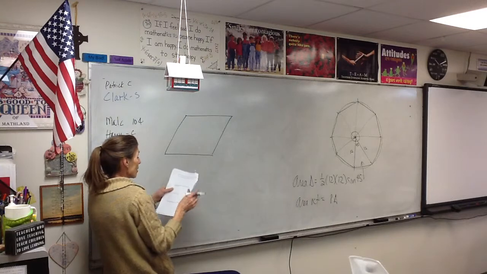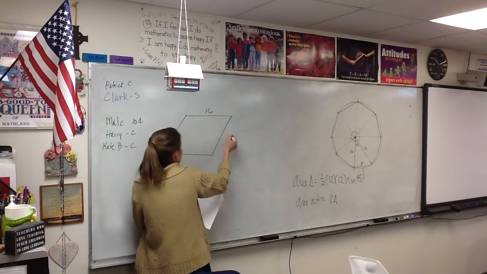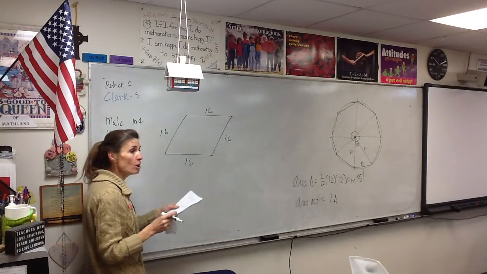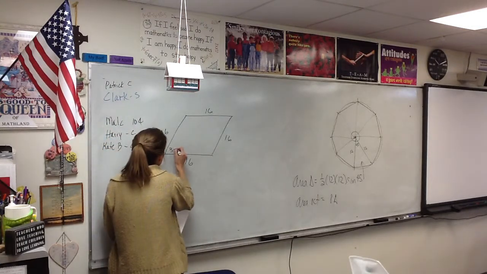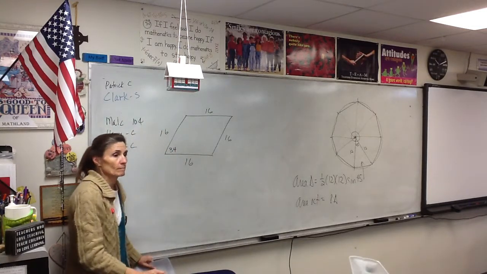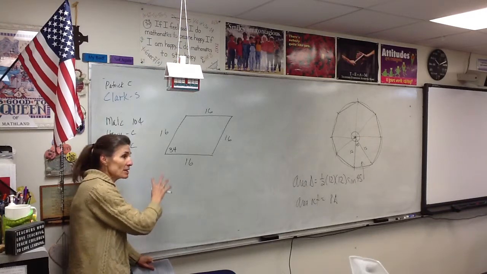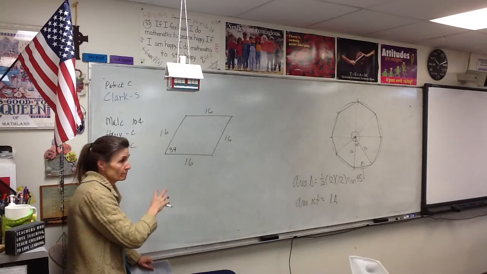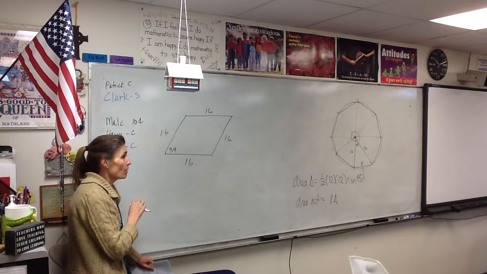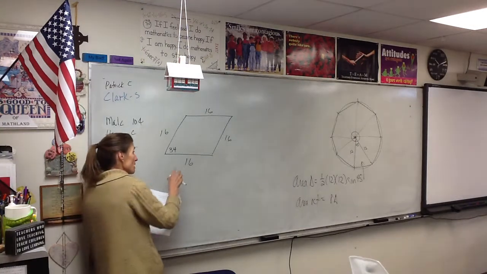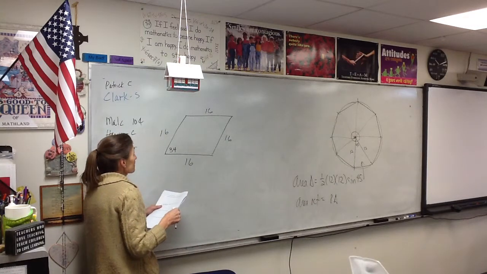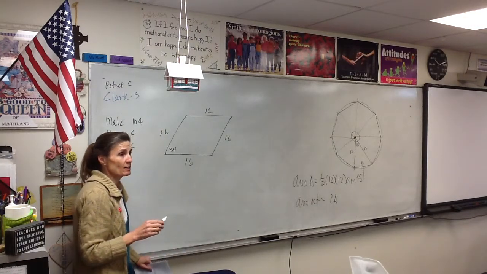The sides are all 16. And the smaller angle is 34. Does that picture make sense to you in terms of the words? Okay? Kaylin, you with me here? All right. Find the length of the shorter diagonal.